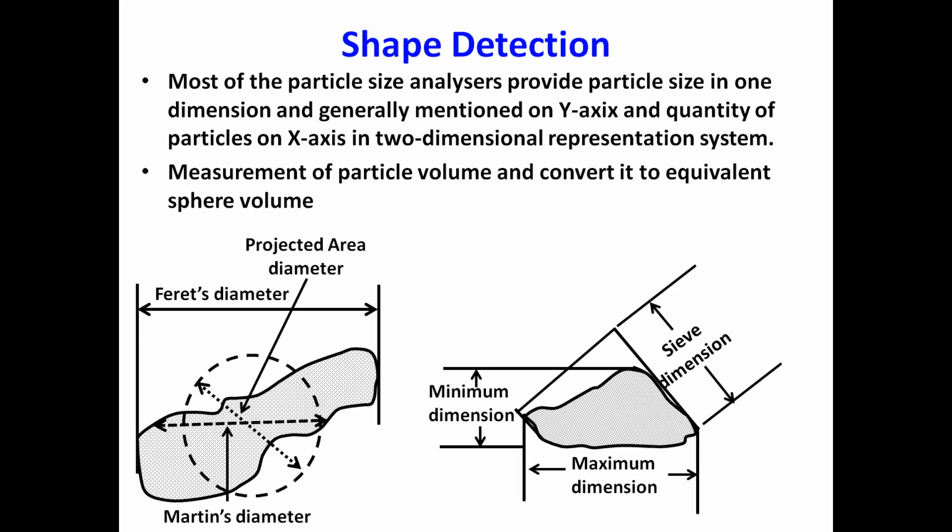And there is another diameter across that one, where you have the minimum dimension, across that side, the diameter called Martin's diameter. Okay, so these are two major diameters which are classified and accepted by the whole scientific community.